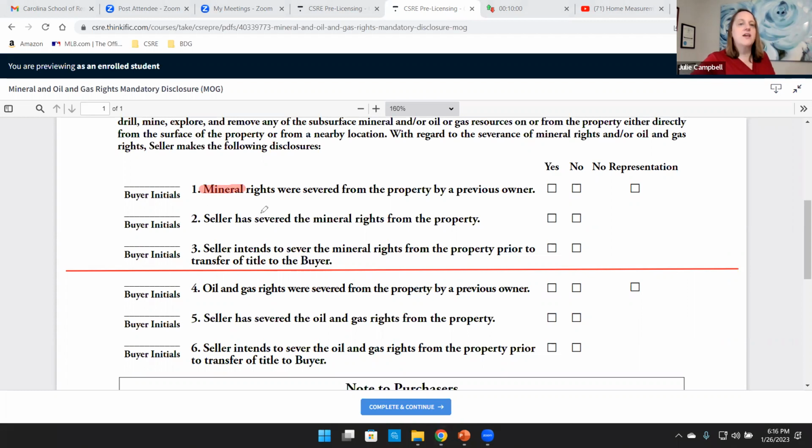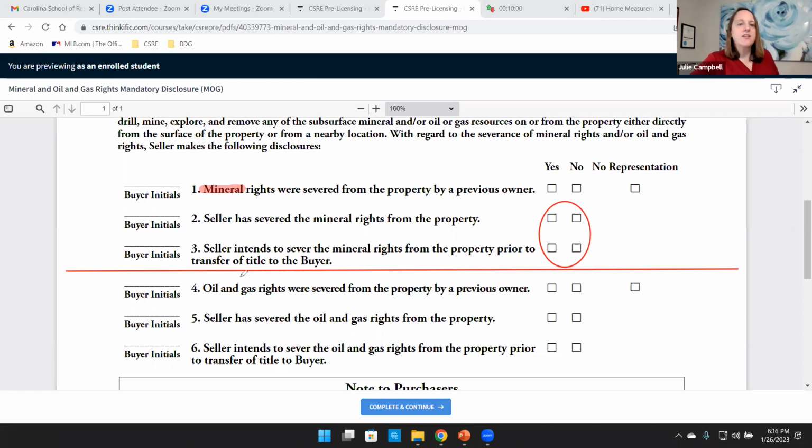Then we ask if the seller has severed the mineral rights or if the seller intends to sever the mineral rights. And you will notice for those 2 questions, no representation is not an option. The seller has to say yes or no, I have severed, yes or no, I intend to sever.